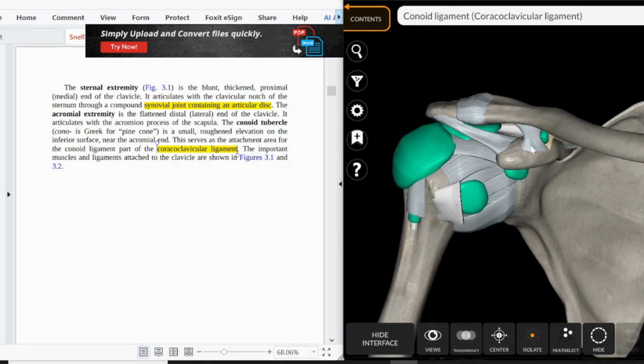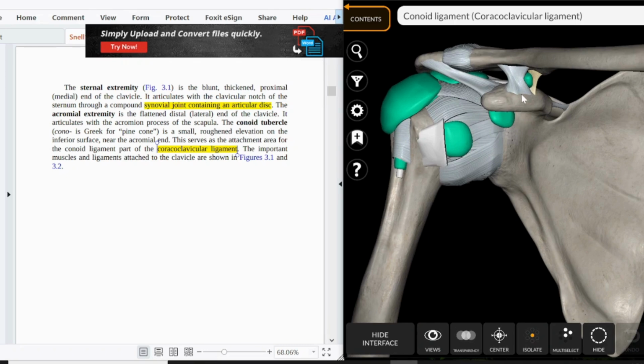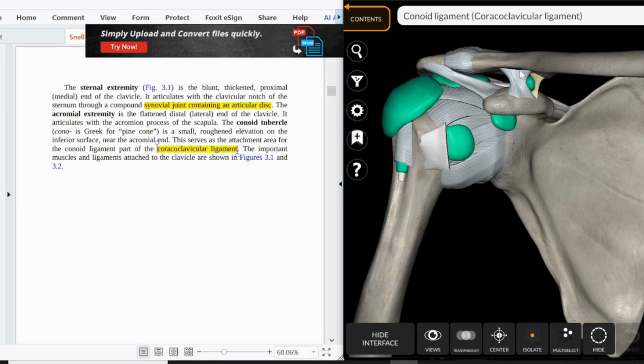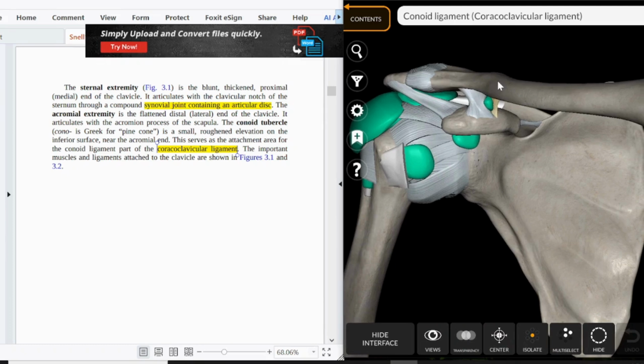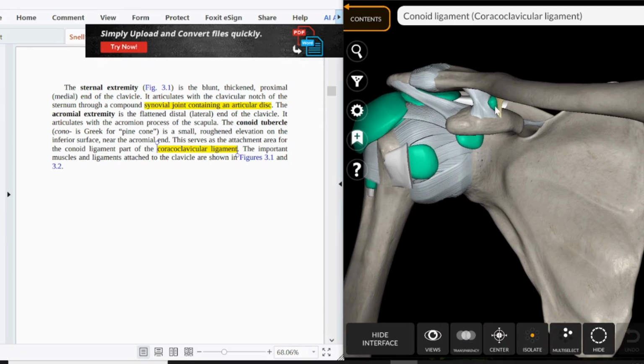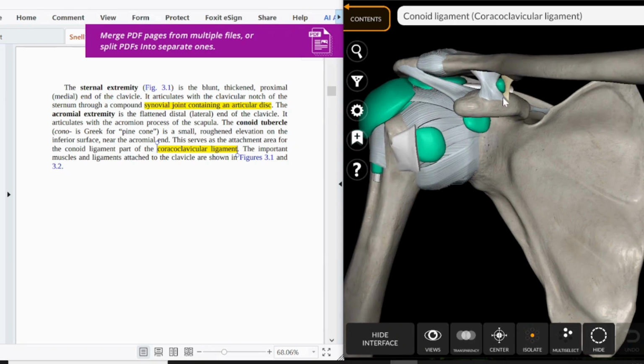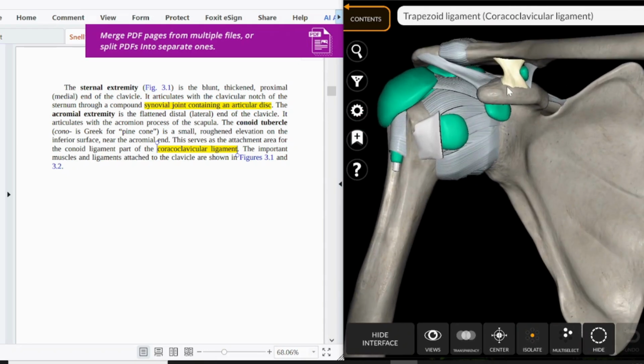This ligament arises from the coracoid process and is attached to the clavicle at the conoid tubercle. This is your coracoid process, this is the clavicle, and this is your conoid ligament, which is actually a part of the coracoclavicular ligament. And this is the trapezoid ligament, which is attached to the trapezoid line.